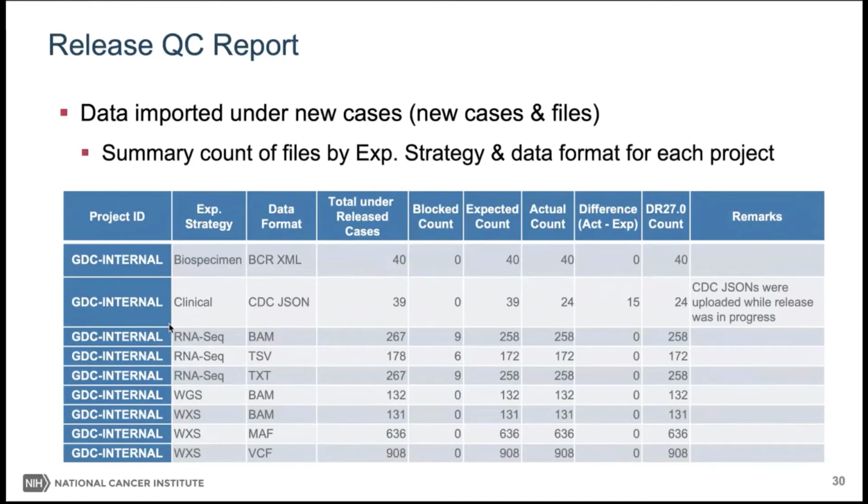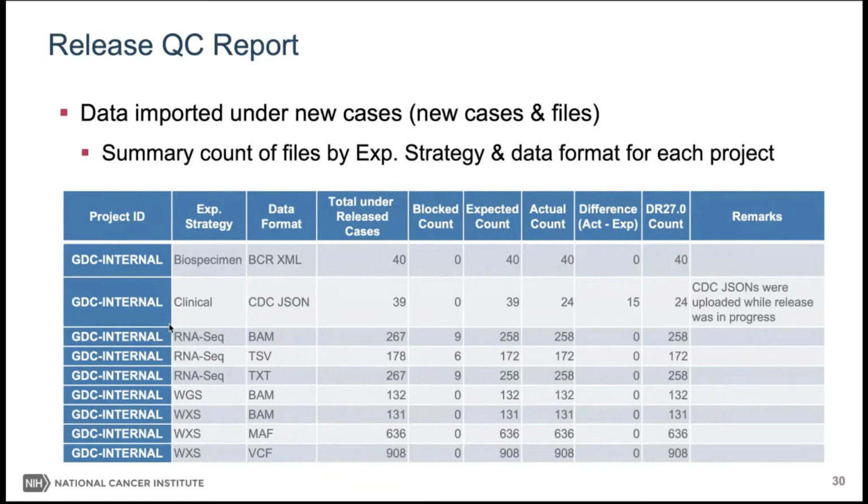The reason for the distinction is that when new cases are being released, these new cases are at different levels of harmonization, which produces files with different experimental strategies and data formats. Once these cases pass pre-release QC checks and submitters approve the cases to be released, files under those cases may have additional files with a different experimental strategy and data format than that of already released cases.